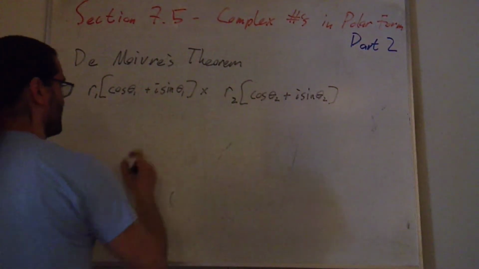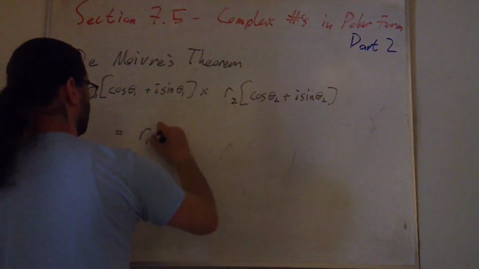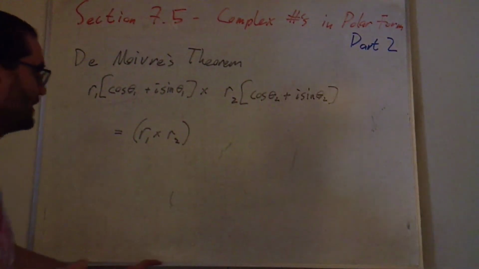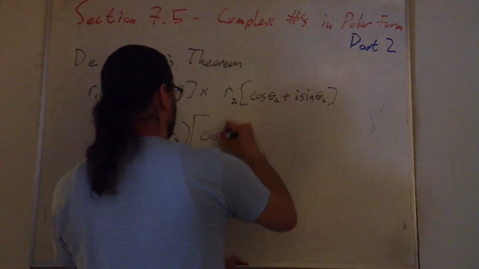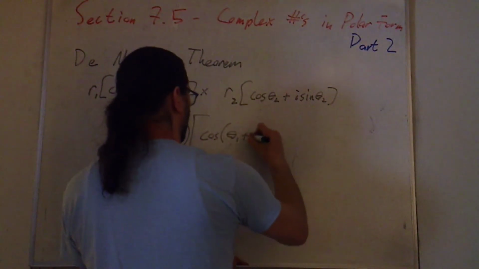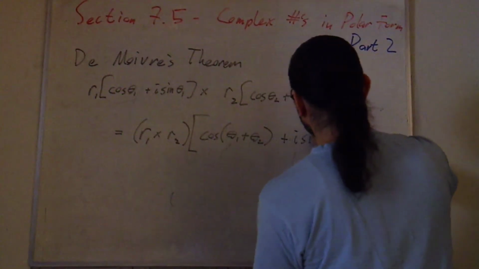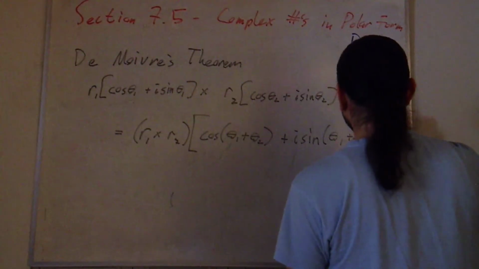And the theorem says that this equals r1 times r2, so the product of the radii, times (cosine of theta 1 plus theta 2, plus i sine of theta 1 plus theta 2).